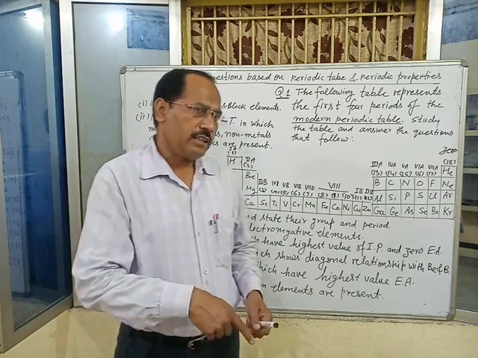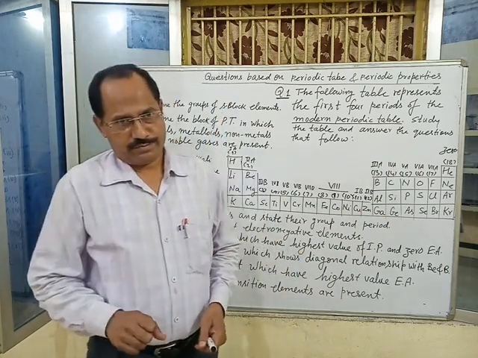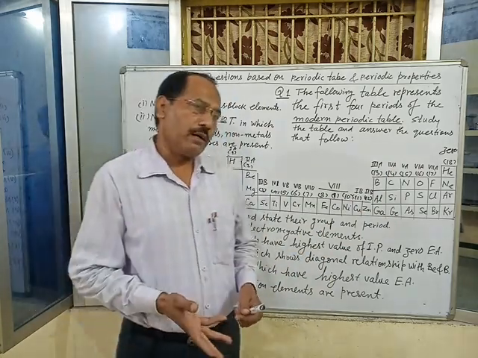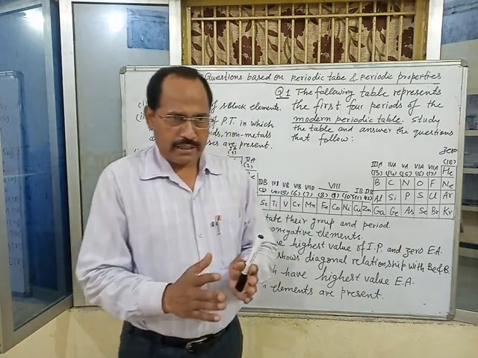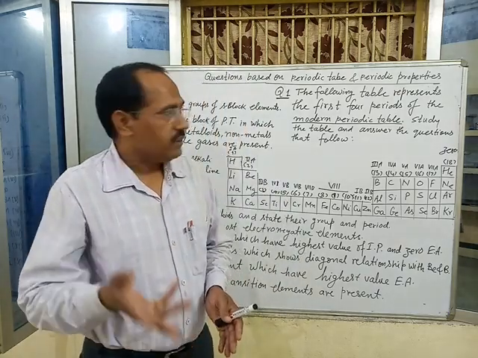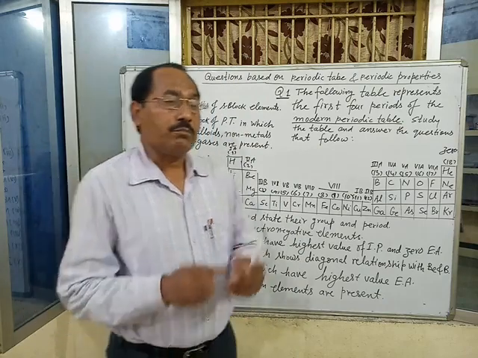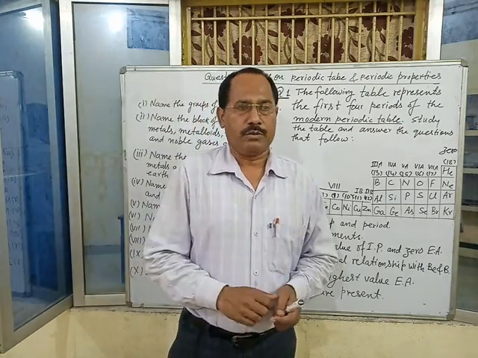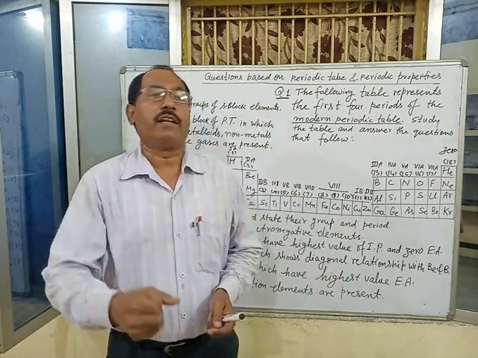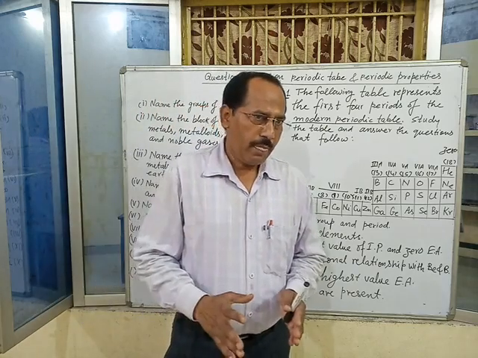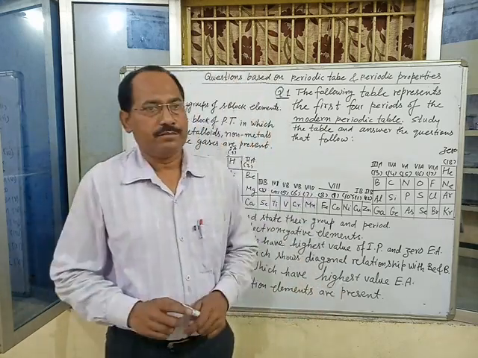There are 7 periods and 9 groups. In modified periodic table, one additional group is added, that is 0 group for noble gases. And first 7 groups, means group number 1 to 7, are subdivided into subgroup A and B.